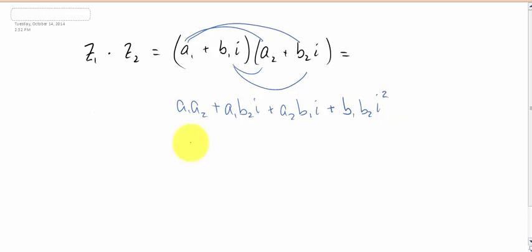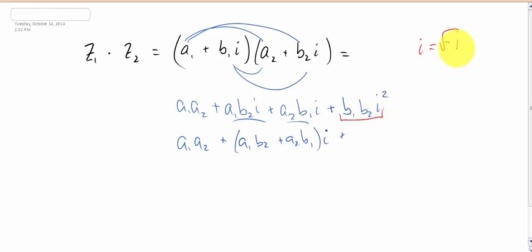Now, there's some cleaning that we can do here. a1 a2, plus, now these two things both have i's, so it's going to be a1 b2 plus a2 b1, quantity times i, plus, now there's something magical that we can do right here. Remember, we define i to be the square root of -1.